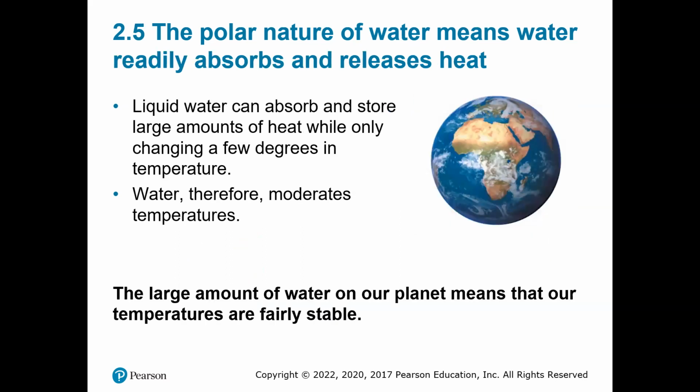The way water is organized with those hydrogen bonds, it takes a lot of energy to change water from a liquid form to gas. So liquid water can absorb and store large amounts of heat and the temperature doesn't change. So water is really good at moderating temperature.